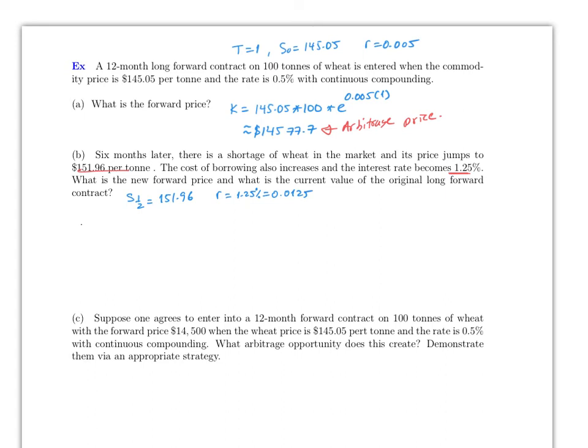So therefore K2 is going to be equal to 151.96 times 100 e to the 0.0125 times 1 minus 1/2, because there's only 6 months left. Remember that this is equal to S of 1/2, and this is around 15,291.27.